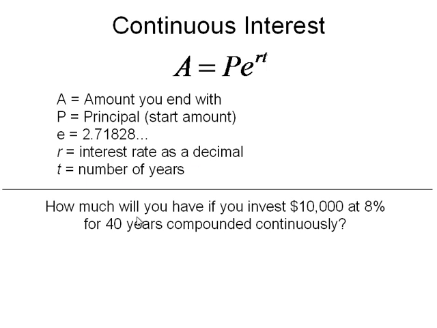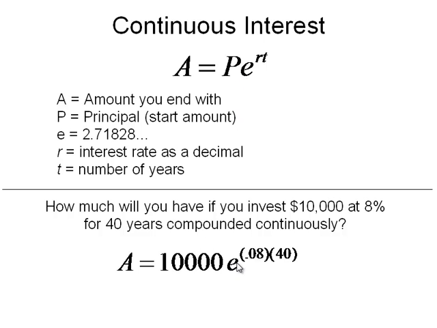Okay, suppose we want to find out how much you're going to have if you invest $10,000, 8%, 40 years, compounded continuously. Should be similar to what we had earlier. So A is what you're looking for. P is the principal, 10,000. e is just the number, so you just leave it in there.